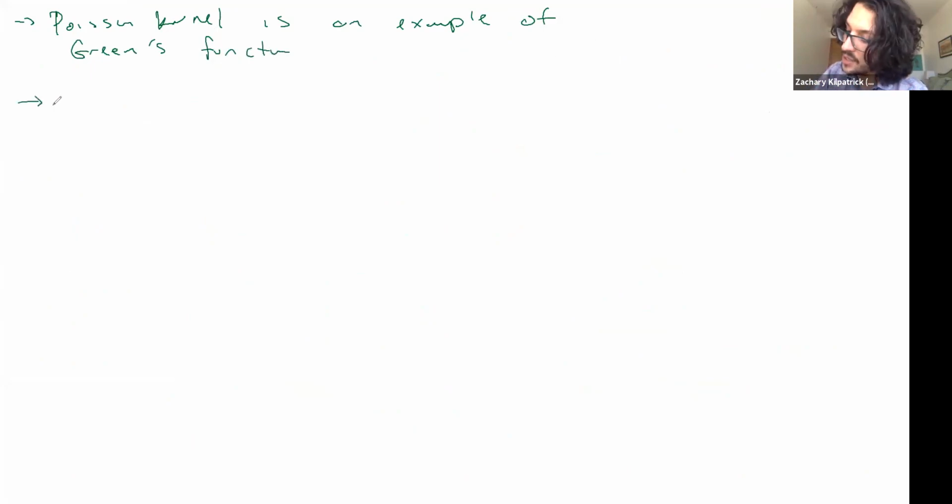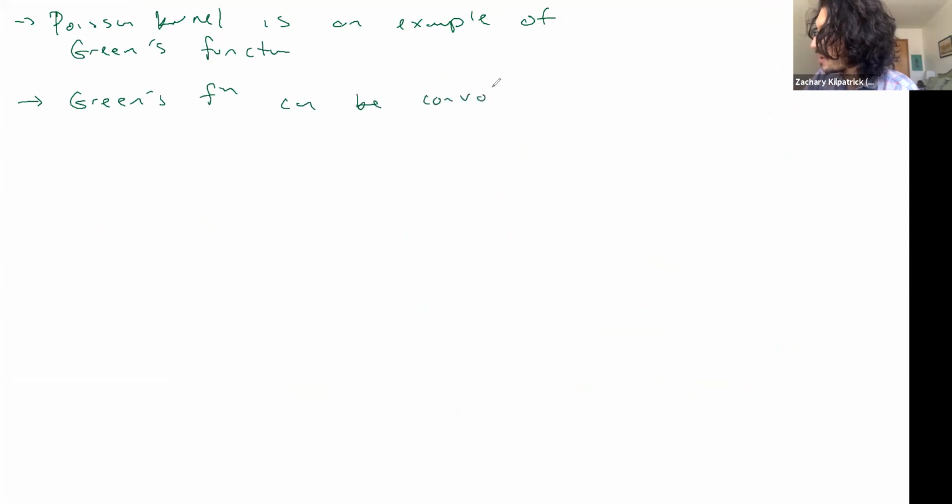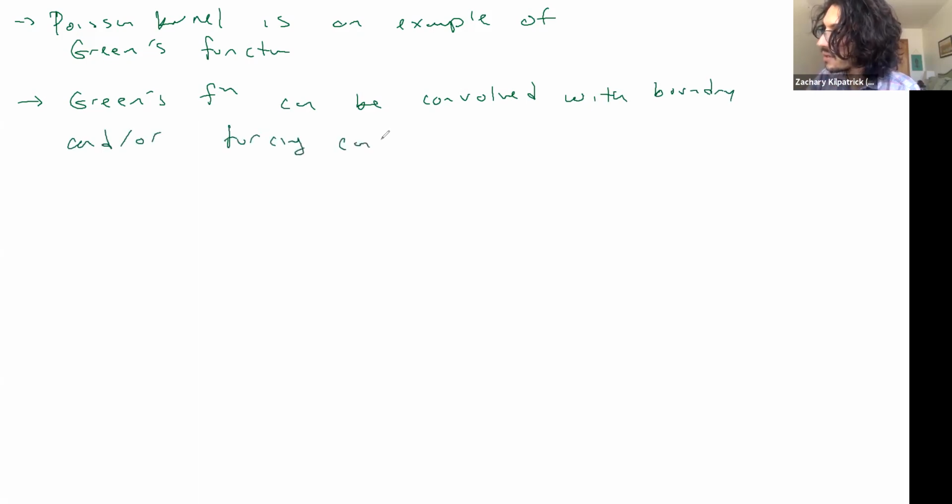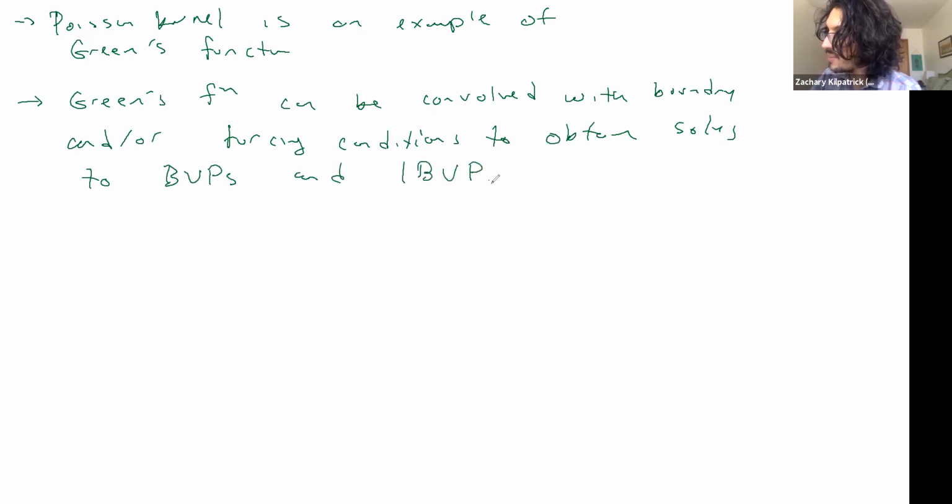And in general, Green's functions can be convolved with boundary and/or forcing conditions to obtain solutions to BVPs and IBVPs.